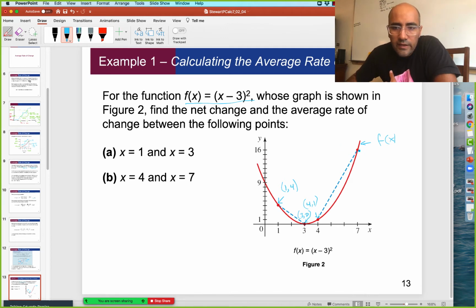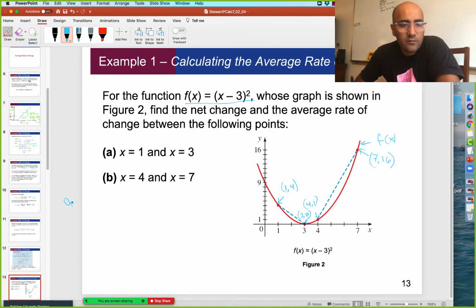And this one, I guess it's the 16. We'll go with the 16. 7, comma 16. So I was attempting to read it from the graph, but of course I have the equation for it. So let's just follow, for part A, the instructions for the average rate of change.